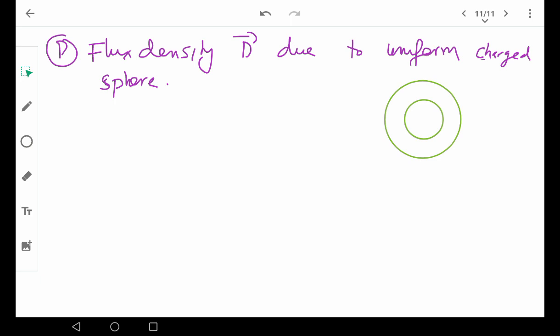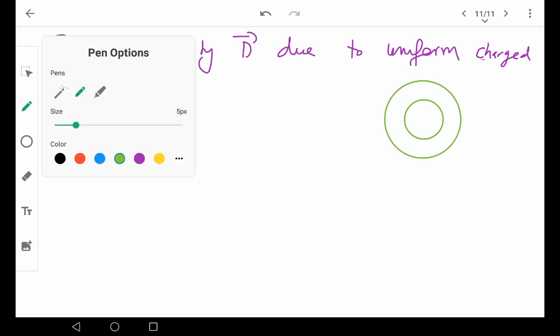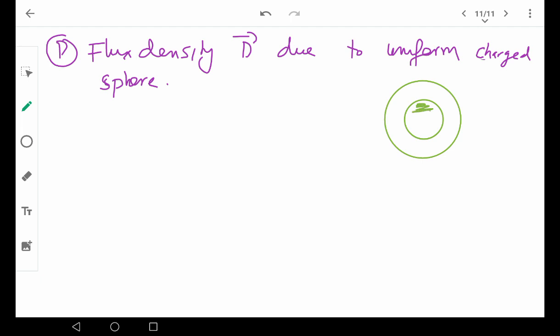Okay. I have a sphere. There's an inner sphere here.